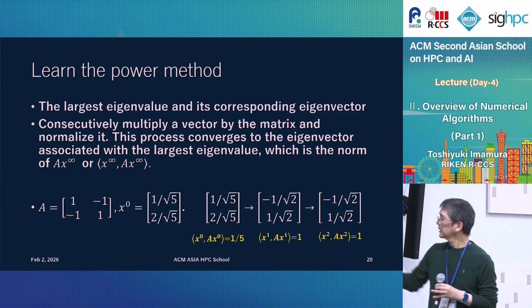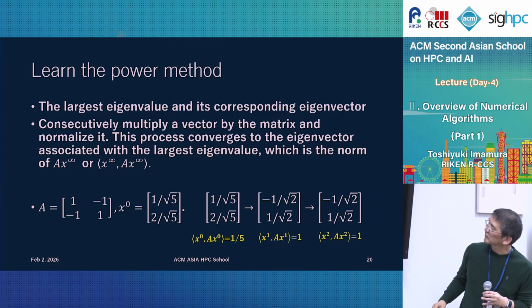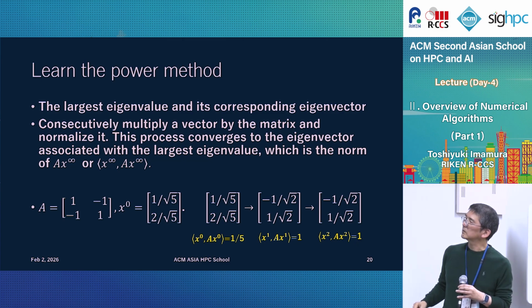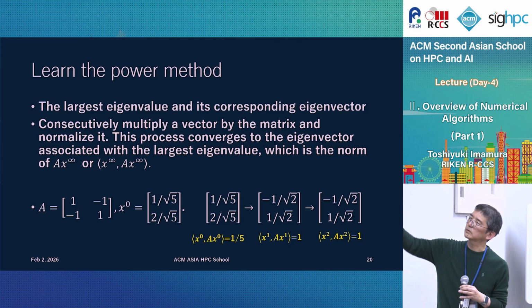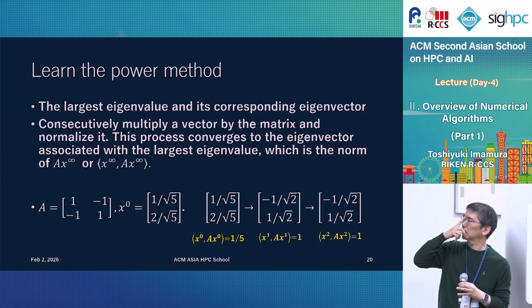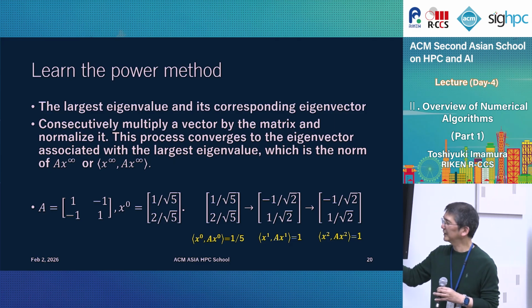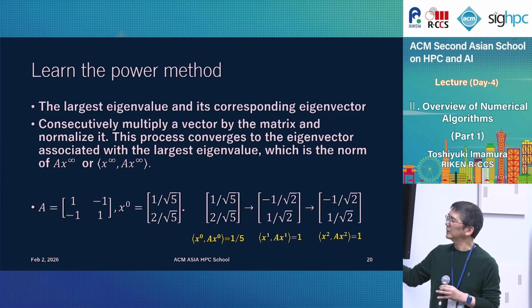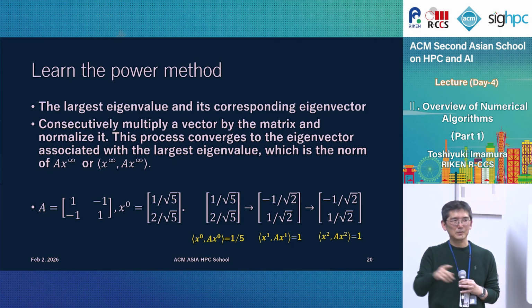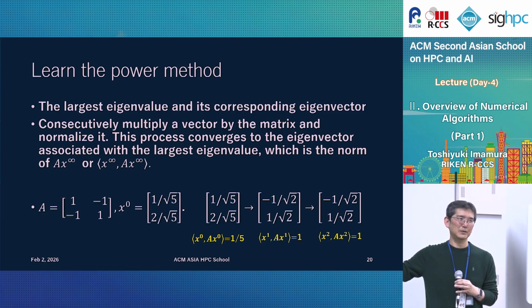Yes. 1, 2, multiply this, minus 1 plus minus 1. So let's say this 1 and 1. Oops. Oh, is it correct? I think it should be 2 or something. Okay, please confirm whether this is correct.